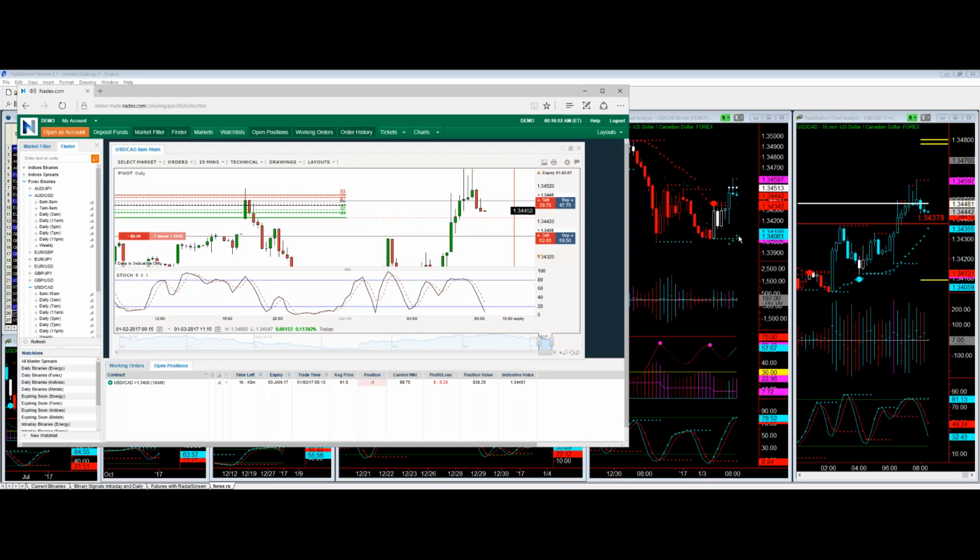On the 15-minute chart, you already have the reversal bar to the downside. It may go back and try to test that high. If it does, it does.